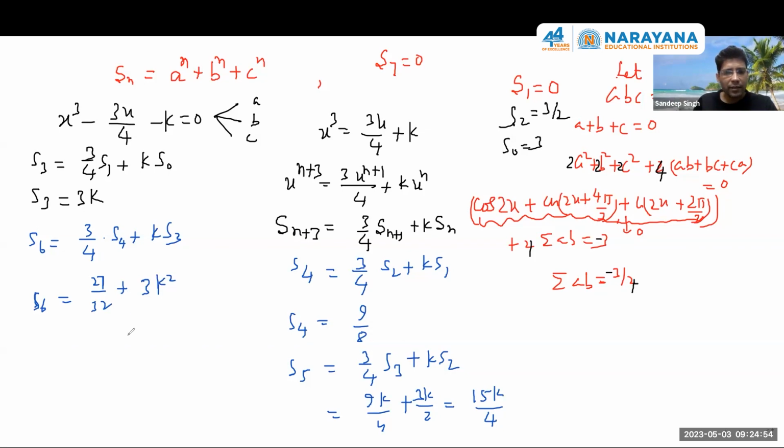And then finally, what is going to be S7? In fact, S6 I don't think is required. I could have directly written S7 because I only require S5 and S4. So no need to write S6 basically. Straight away from S5, you can jump to S7. So S7, let me write directly. What is going to be S7?